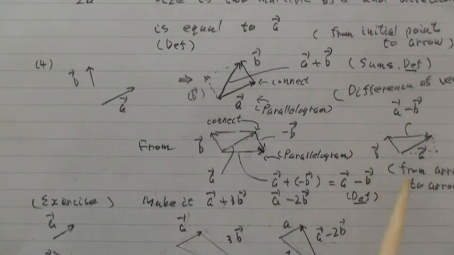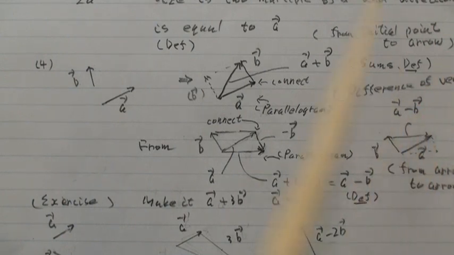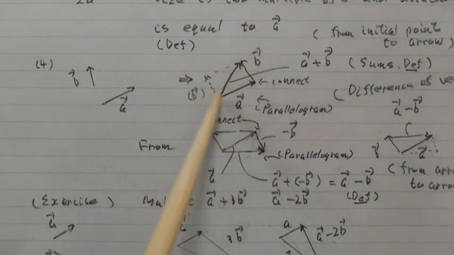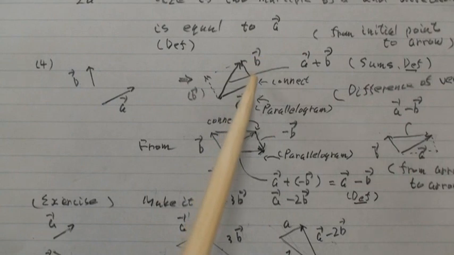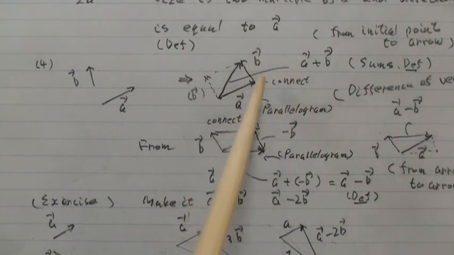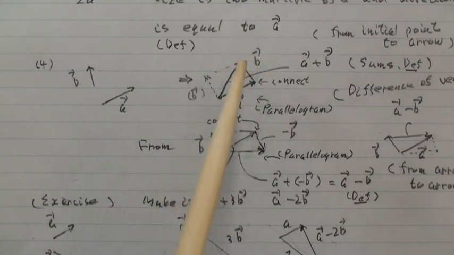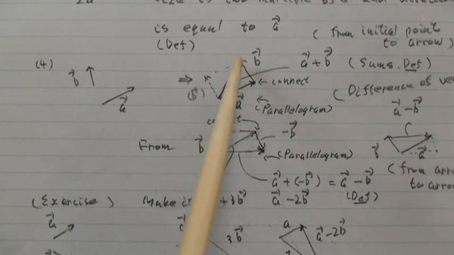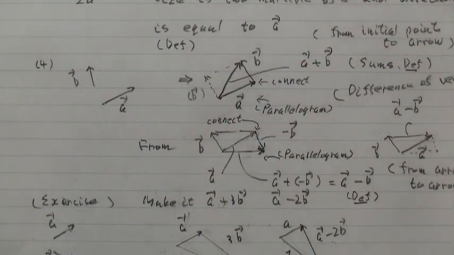Then a vector minus b vector is from arrow to arrow, this is the minus vector. And plus vector: a vector's terminal point and b vector's initial point connect. Then this is the plus vector. Okay?